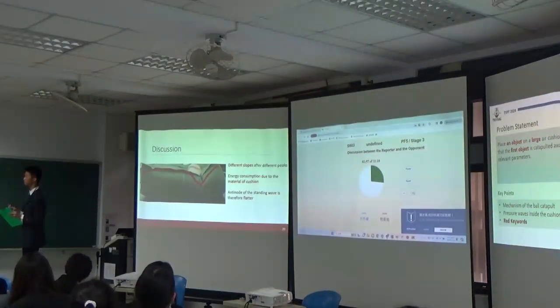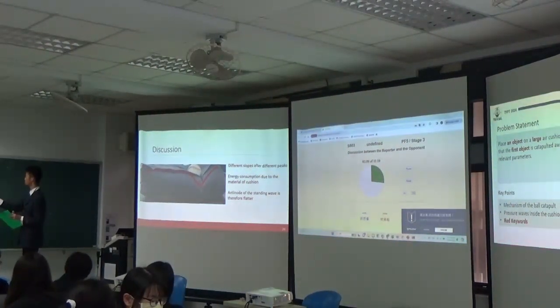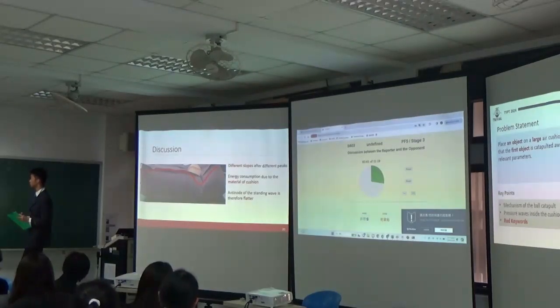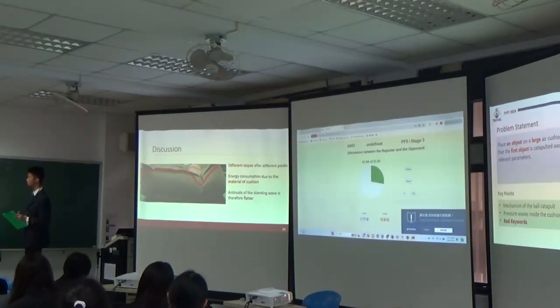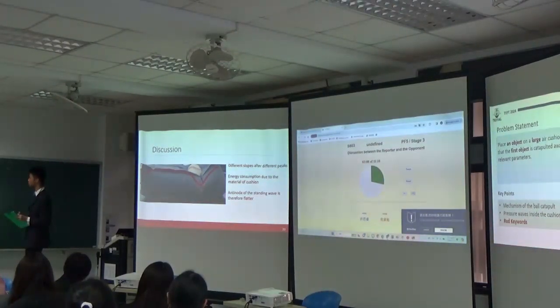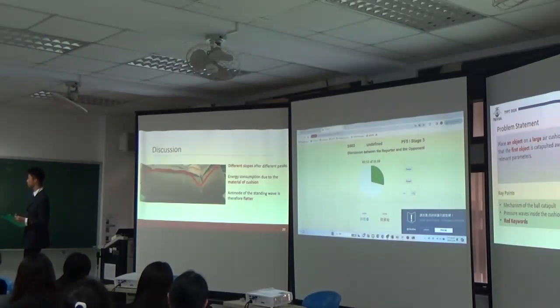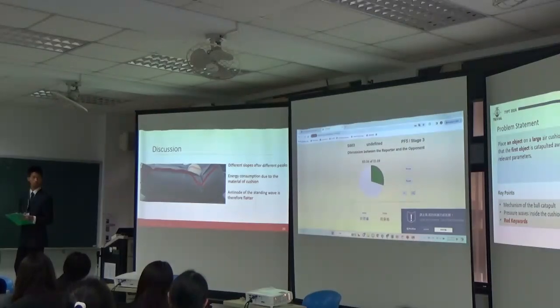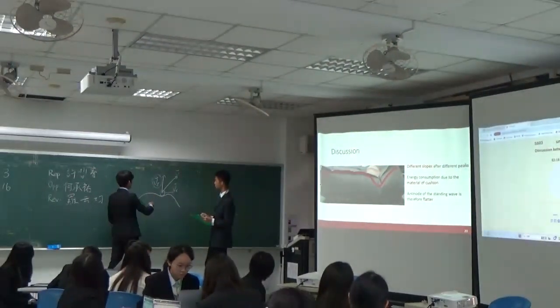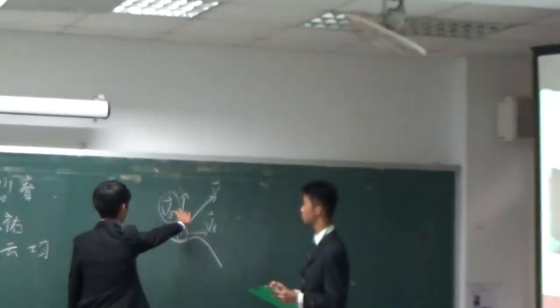Do you think that's a problem for our theory? Because when we do the experiment, we consider the standing waves. Yes, and I think the different positions on the standing waves should be the main factor affecting the horizontal and vertical components. From our experiment, we analyzed the height because we want to find the magnitude of the vertical component.